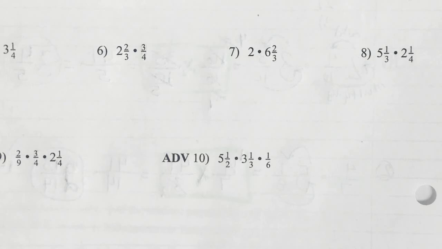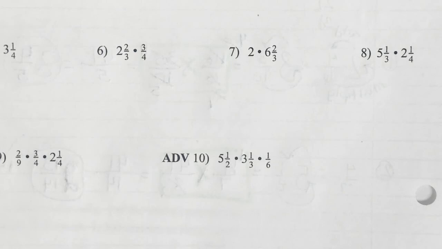My question is, so you can make this 5, but you can also make it 2 and 20/40. 20/40 is simplified, though. Oh yeah, it does.